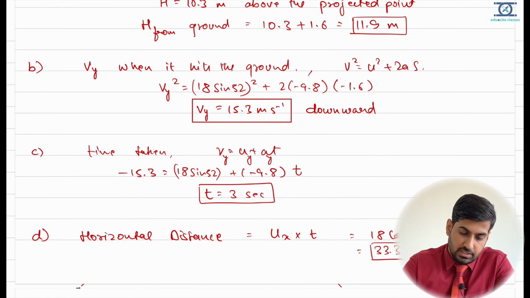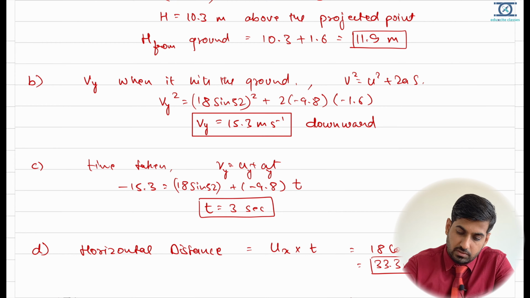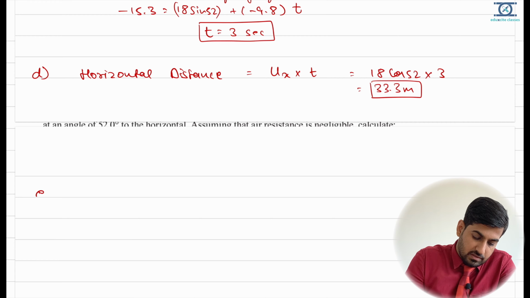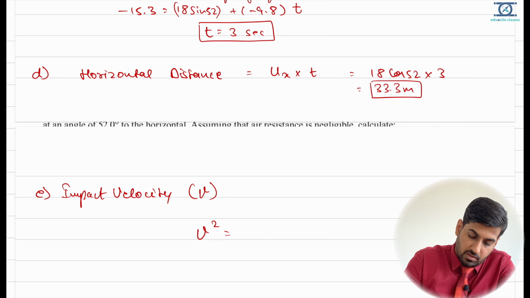So the impact velocity, let us assume it as v. So v square will be equal to ux square plus vy square.